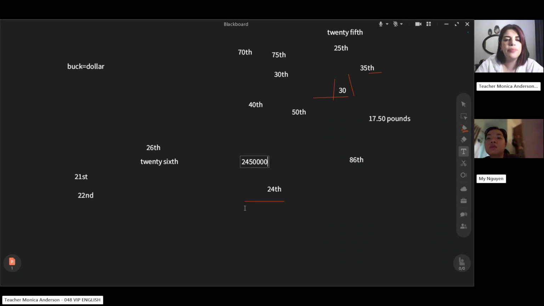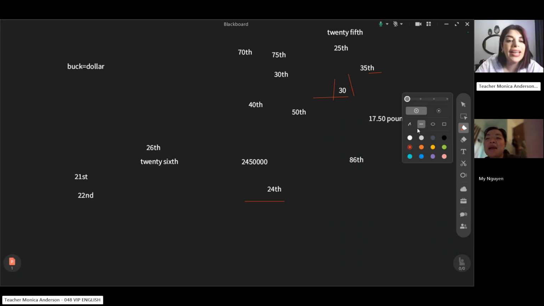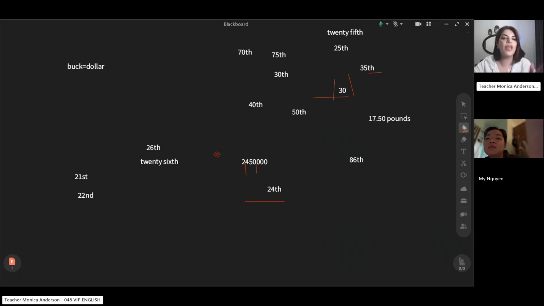You read this one. First of all, as I told you, you need to divide it into different parts, from 1 to 100, 1,000, million, from right to left. So I divide it like this and now I read. I know this is 1,000, 100, and this is million.